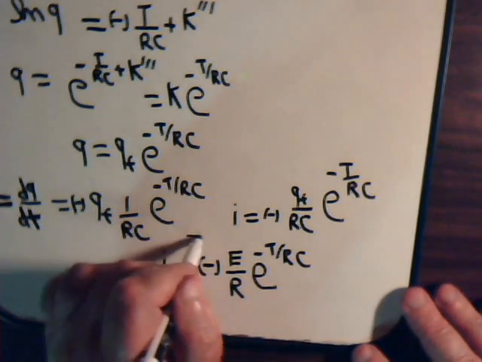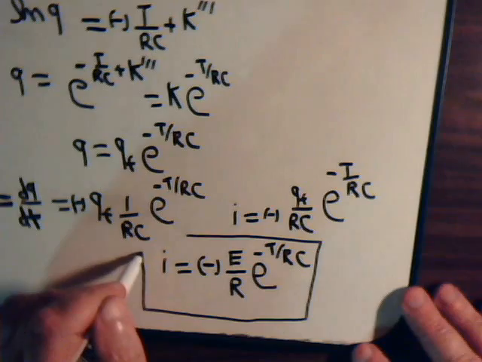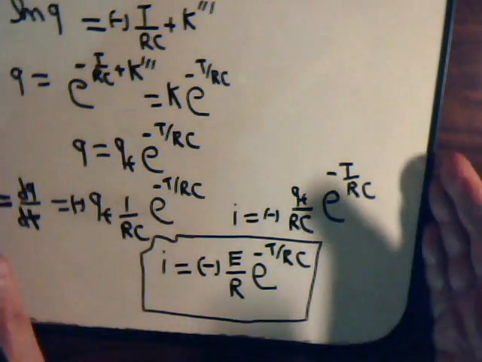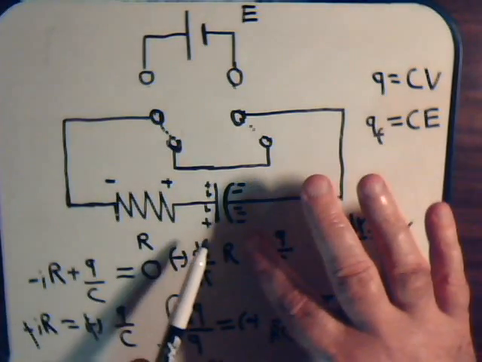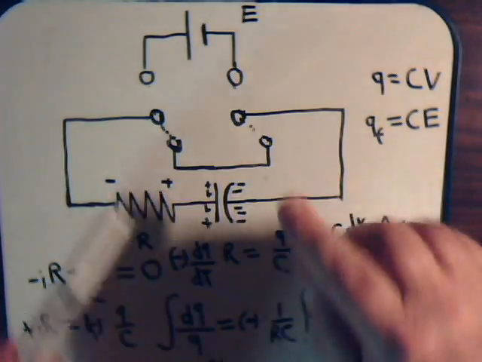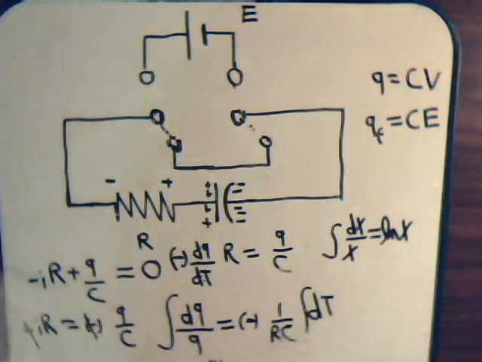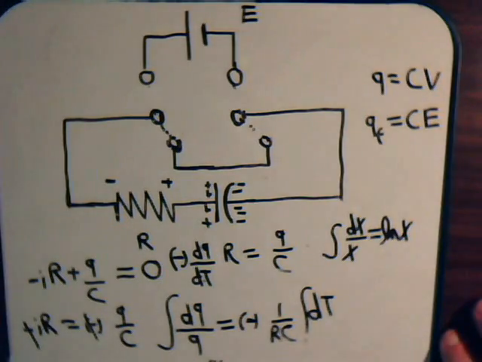So this is the equation for the current when we take our fully charged capacitor and put the switch over to here, so this switch is now open so that this capacitor can now discharge.